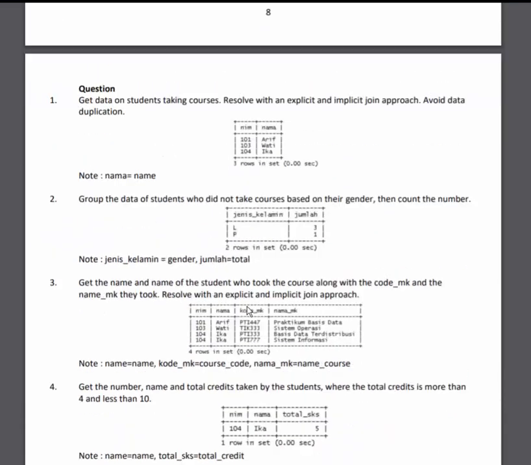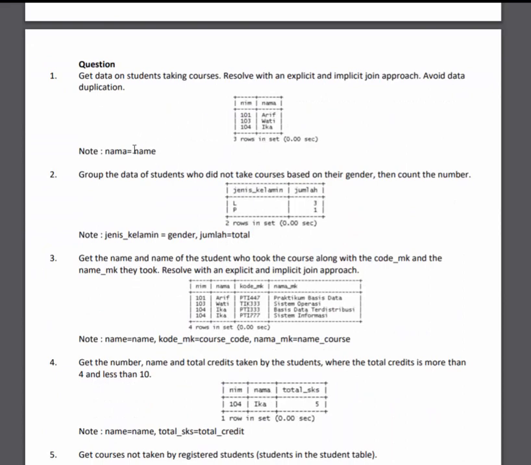We have 5 questions, and all the questions here involve implementing select with join. For example, question 1 is: get data on students taking a course, resolved with both explicit and implicit join approaches. If you use explicit, it means you must select using inner join.